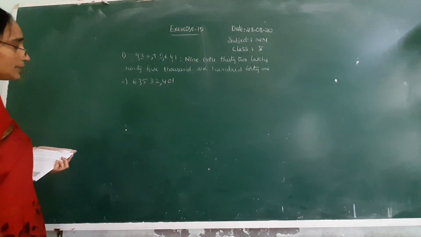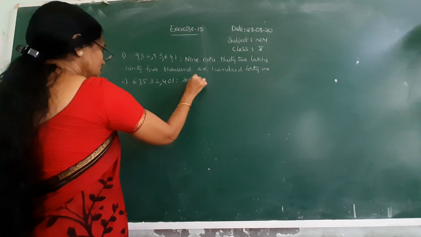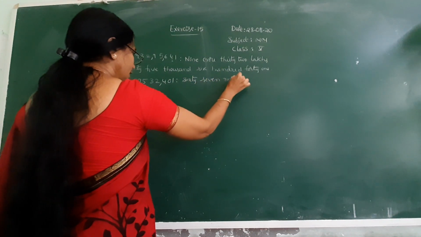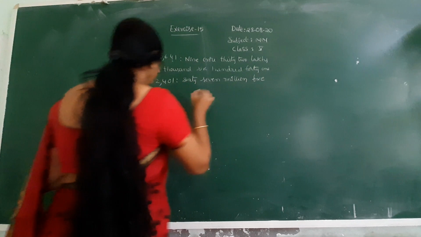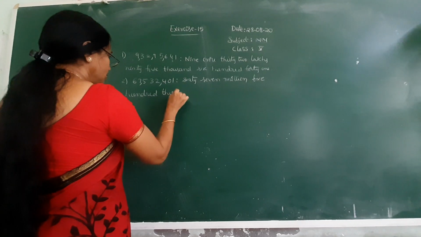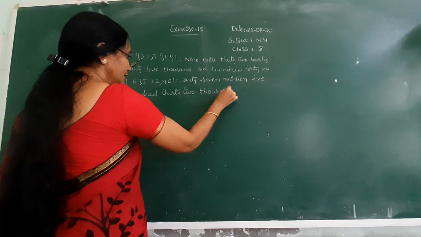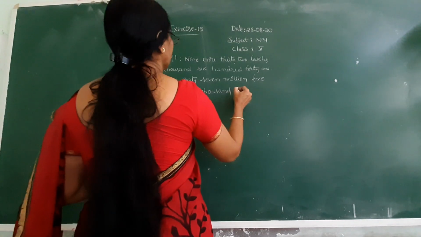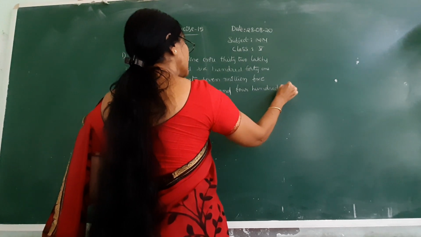See, in universal system each period consists of 3 digits. 67 million, 532,000, 401. That is the name in universal system.